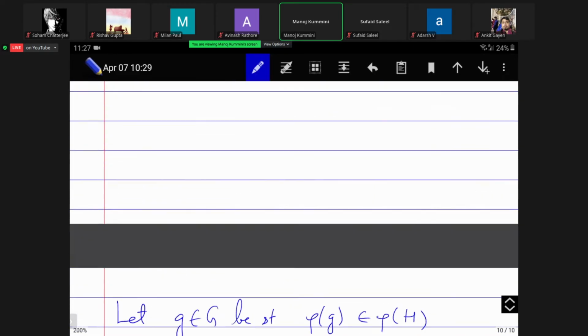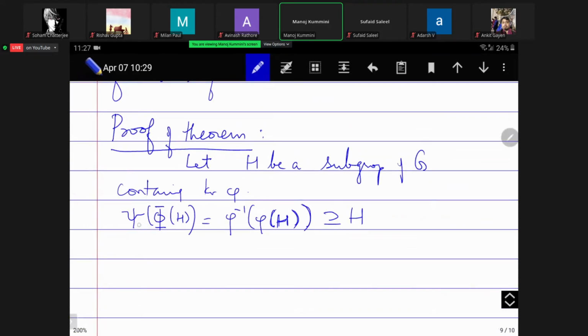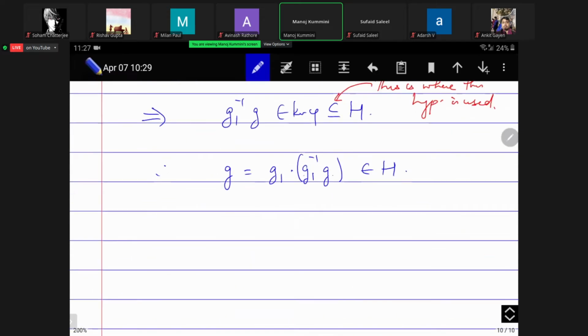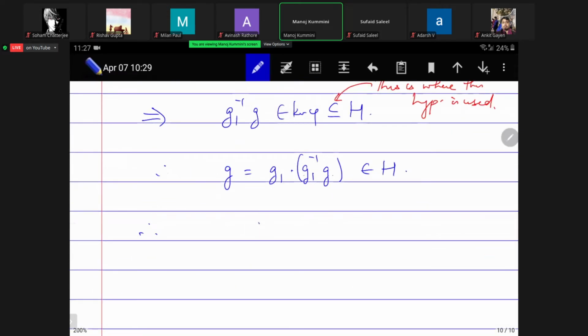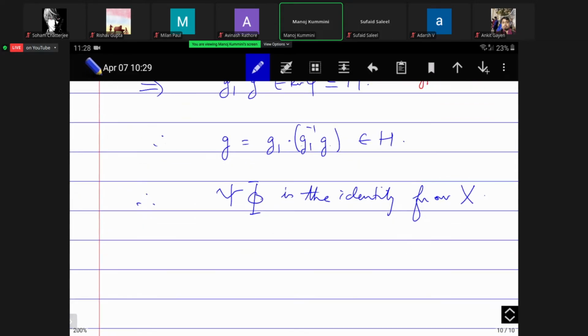Therefore, if you apply phi and then you apply psi, this is the identity function on X. Any element of X goes to Y and comes back to the same element under this composite map. We need to show the other one also.